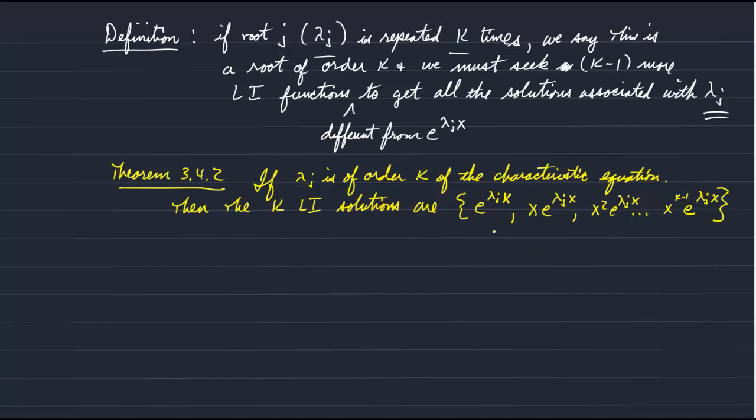If the root is not repeated, then we just have this solution. But if it's repeated k times, then we multiply by x raised to the various powers to get the remaining k minus 1 solutions.